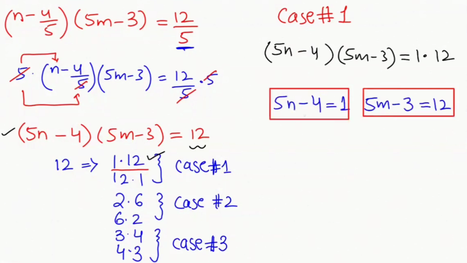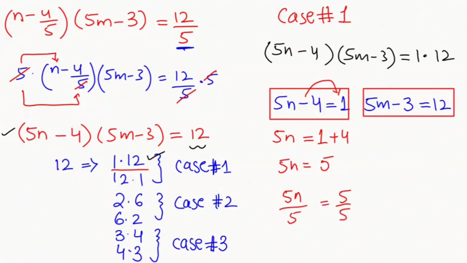Now we are going to solve this expression for n. So 5n: I am going to take this negative 4 to the right hand side. 1 plus 4, 5n equals 5. And now this 5 is multiplying, so it is going to be divided on both sides. This and this get cancelled, so here we get n equals 1.